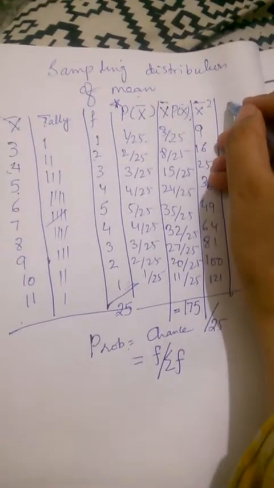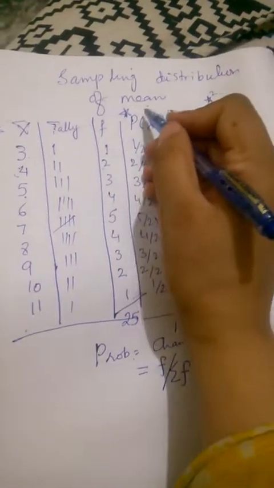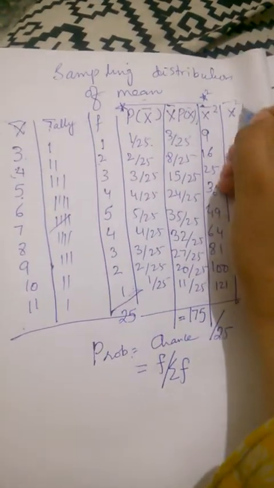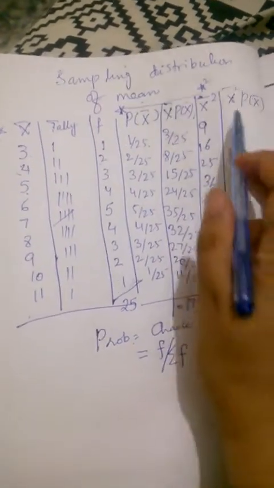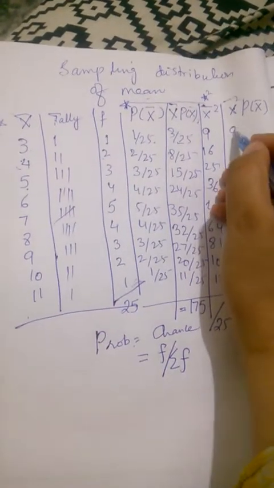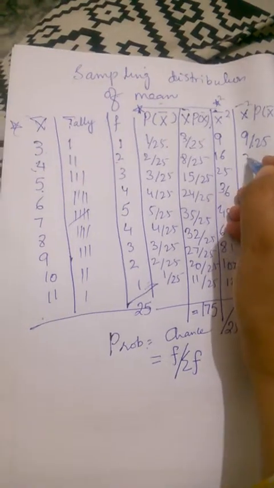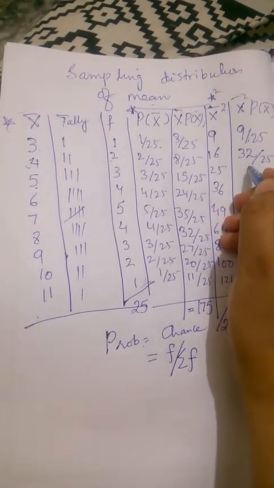Now we will multiply x bar square with p of x bar. हमने x बार का स्क्वेयर किया, अब x बार के स्क्वेयर को मल्टीप्लाई करेंगे p of x बार के. 1 multiplied by 9 is 9, then 16 twos are 32 and 25 will remain the same.